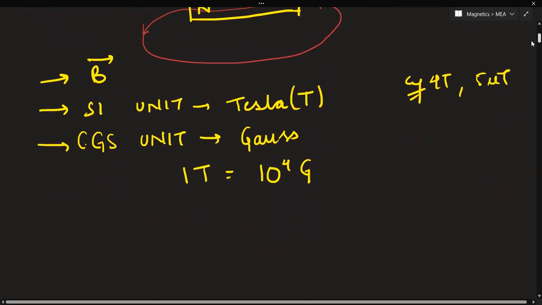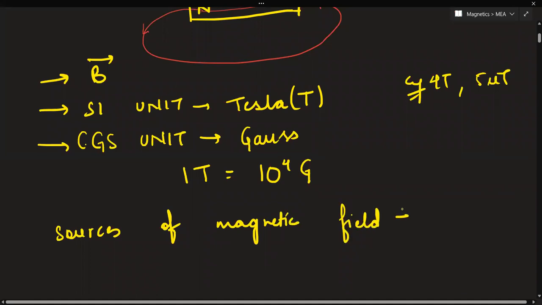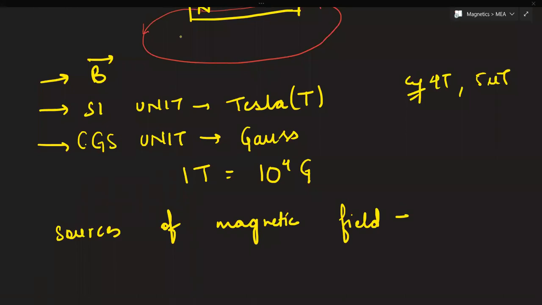One more thing before moving on to the main topic: sources of magnetic field that are possible. From where can you get magnetic field? Can you people suggest what should be the sources of magnetic field according to you?